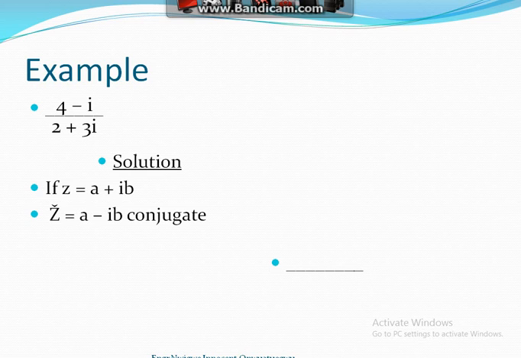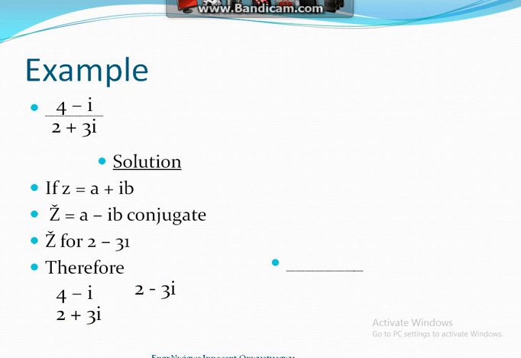Therefore, for the denominator, we have 2 minus 3i. We multiply throughout by the conjugate: 4 minus i all over 2 plus 3i, times 2 minus 3i all over 2 minus 3i.